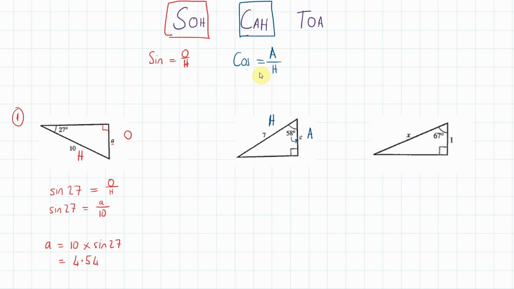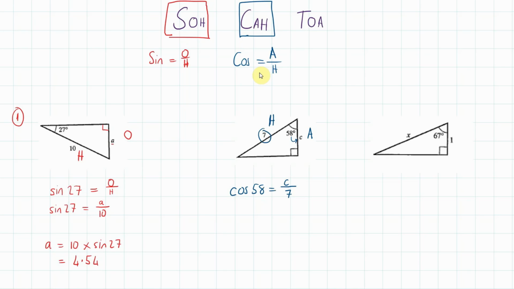So what we will write in this case is cosine 58 equals A, which in this case is the unknown letter C, over the hypotenuse. Now we're told the hypotenuse is 7, so we put it over 7.